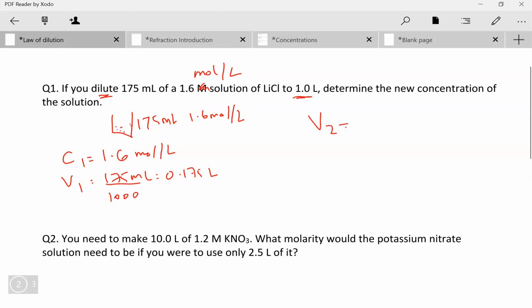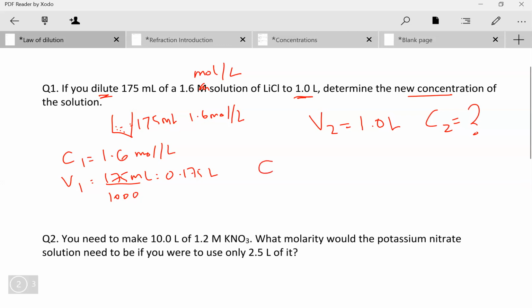That means my V2 was 1.0 liters, or basically 1 liter, because I've added the remaining water. I've added more water so that my new volume is much higher. And so I'm asking you to determine the new concentration. C2 equals question mark, because I don't know what that is.